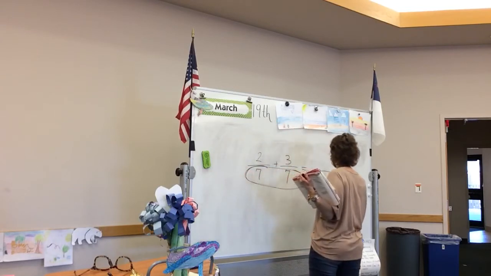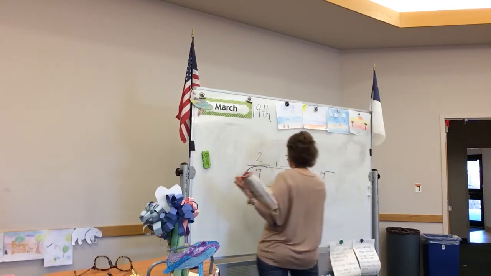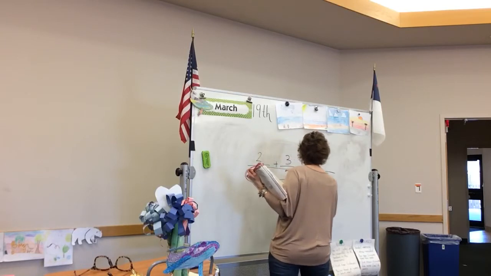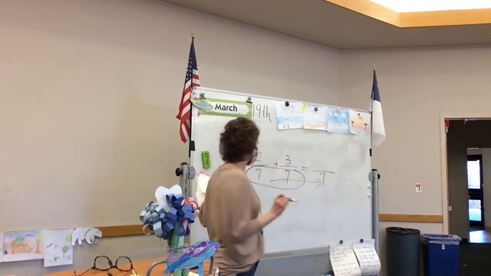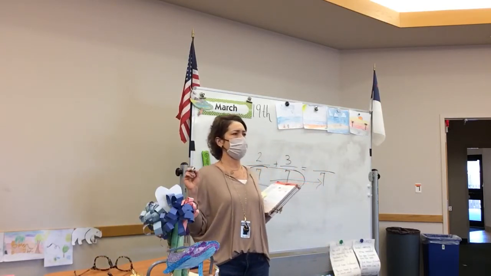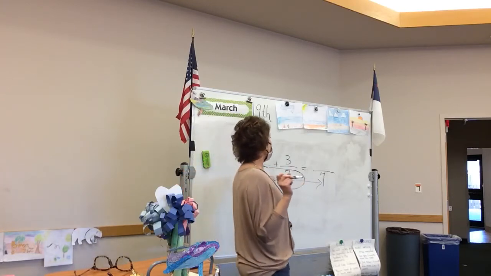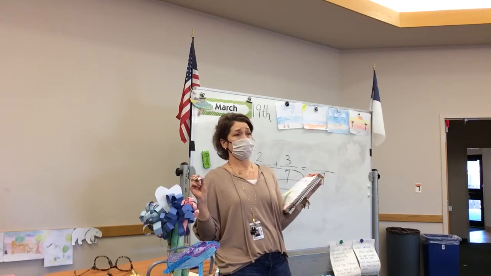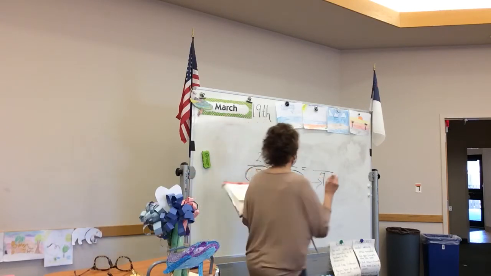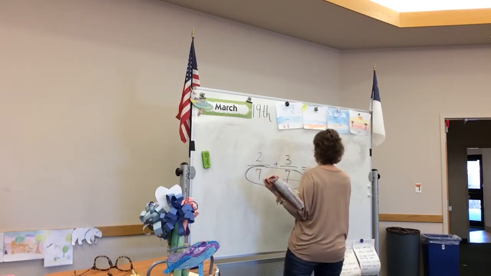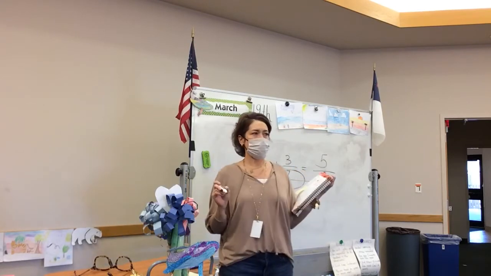Remember, common denominator. They're both the same, so they're going to stay the same. What are we going to do with the numerator? Jonathan? We're going to add them up. What is 3 plus 2? Jonathan? 5. That's not so bad.